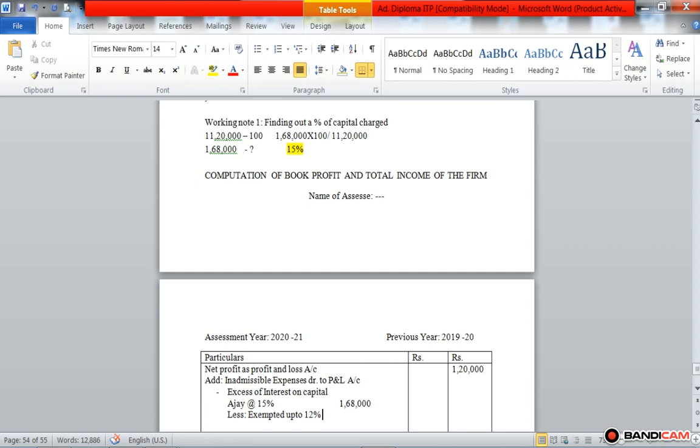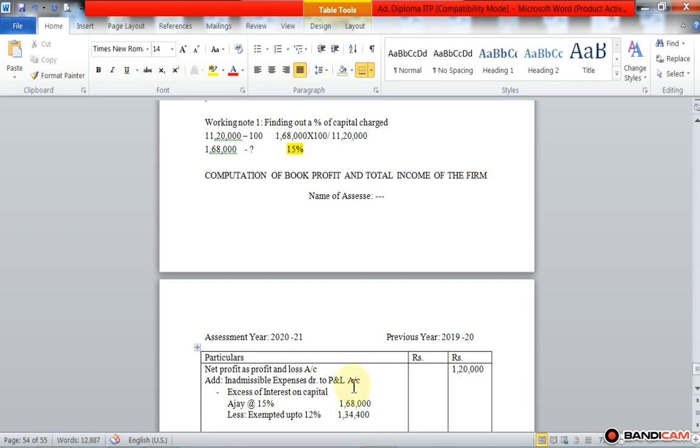So 1,68,000 into 12 divided by 15, that is 1,34,400.